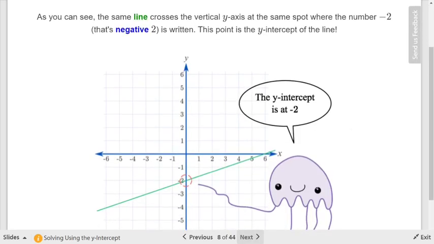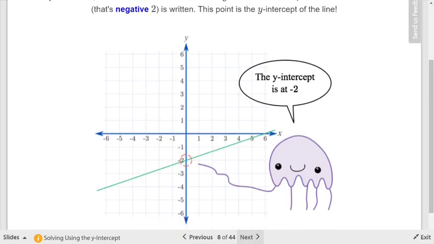So, looking at this graph, you can see that the y-intercept, or in other words, the place where the line crosses the y-axis, is at what number? -2, -2, right? So the y-intercept is -2.